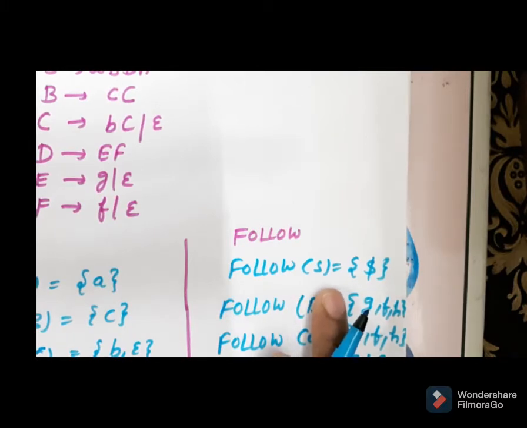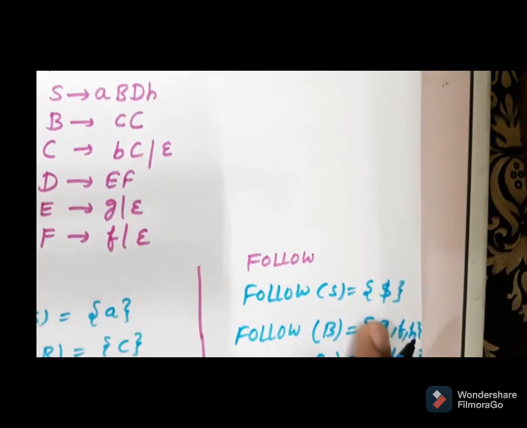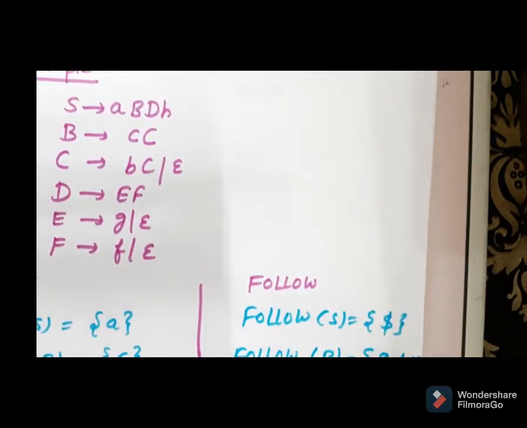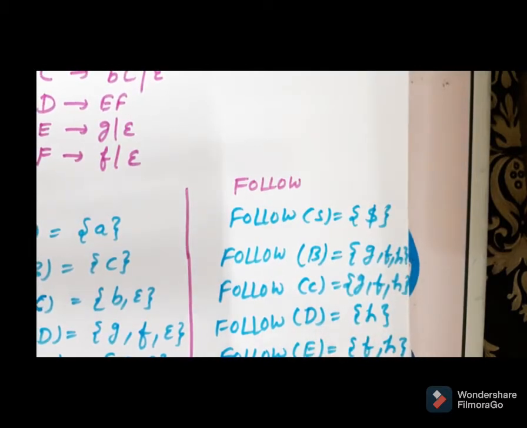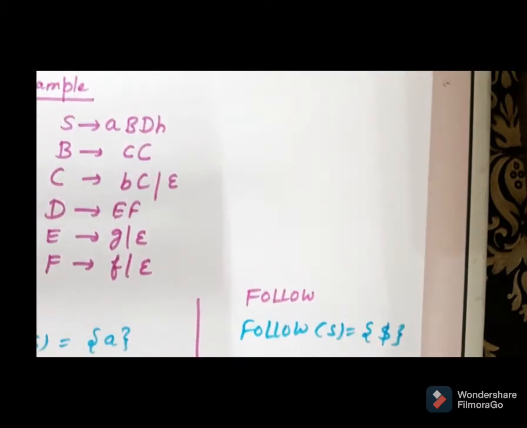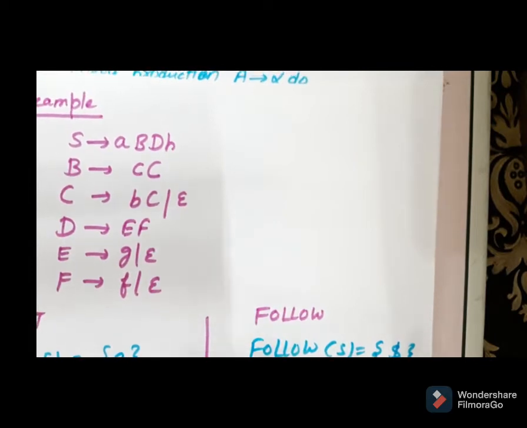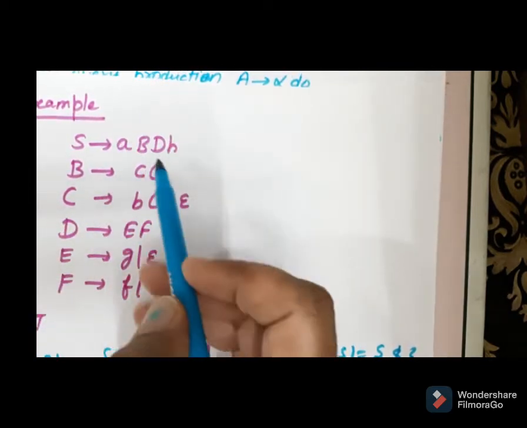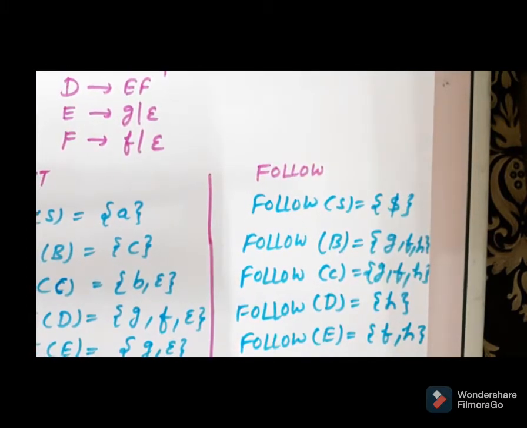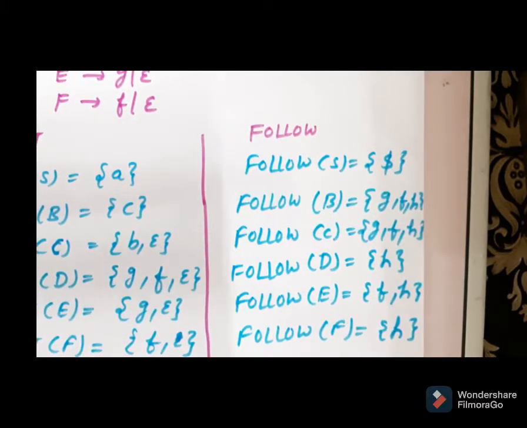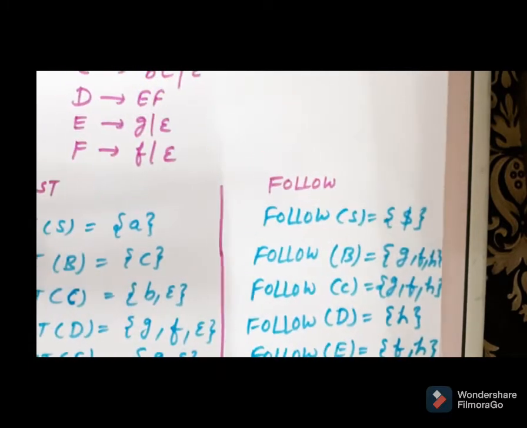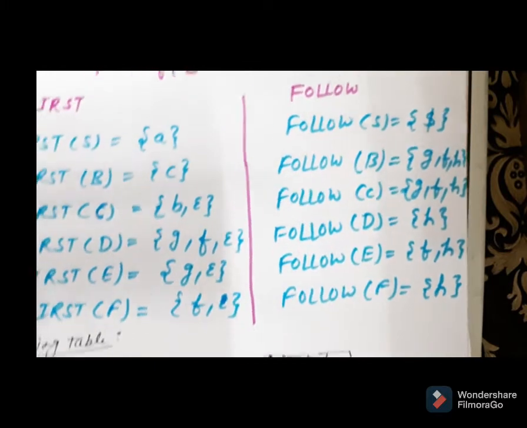For the first symbol from which the grammar starts, we take follow as dollar. Then follow of B will be follow of C, and B will be similar because of rule number 2. And then follow of D, follow of E, and follow of F. All these I have calculated in my previous 2 videos.